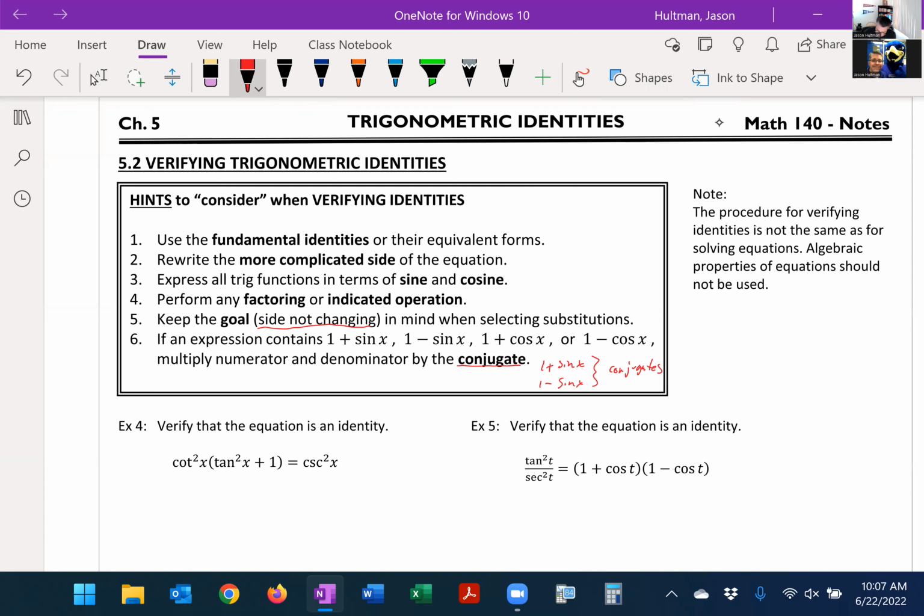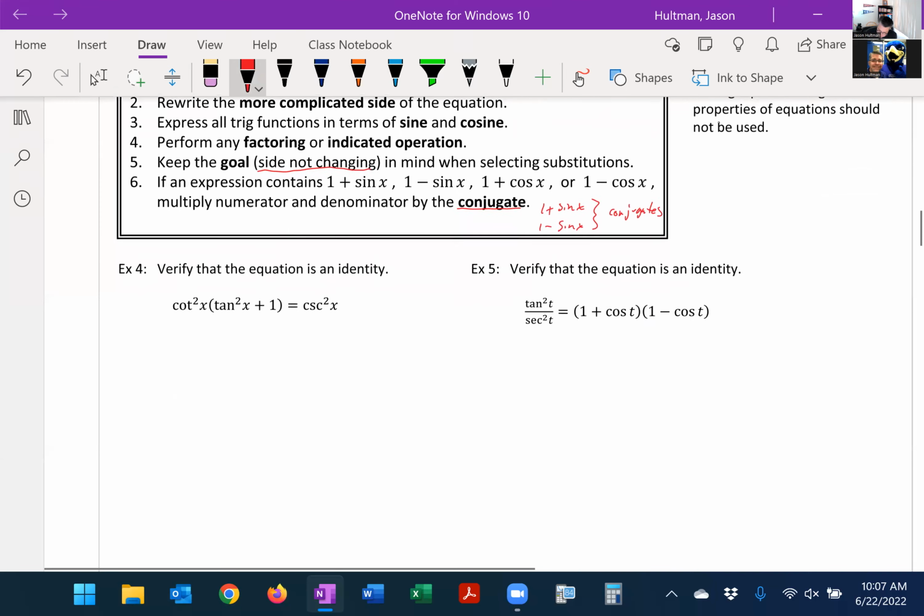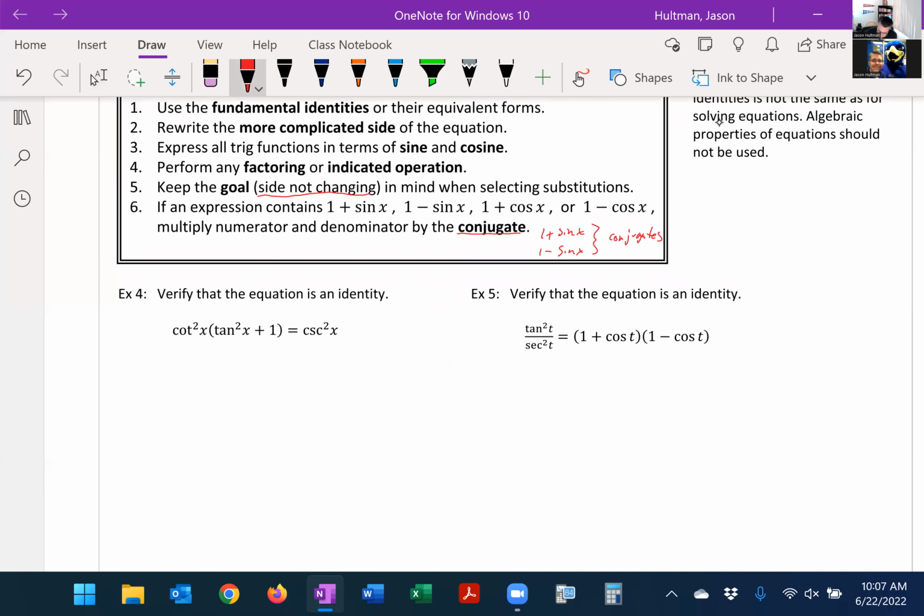Okay, so let's verify the equation is an identity. Basically we're verifying that the left side is equal to the right side. So the cotangent squared times the tangent squared plus 1, does that equal cosecant squared? I'm going to distribute the cotangent first.